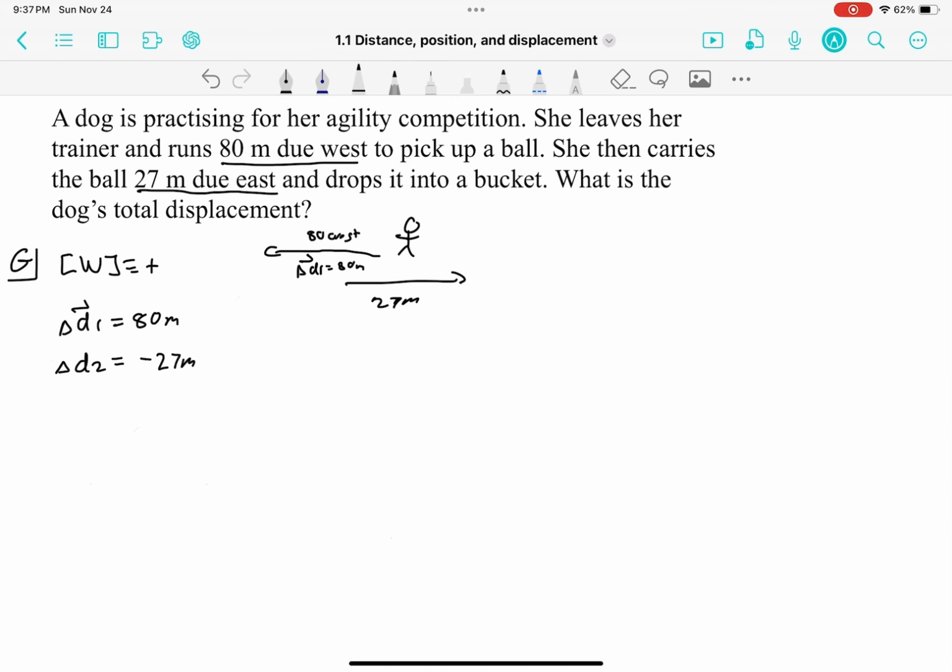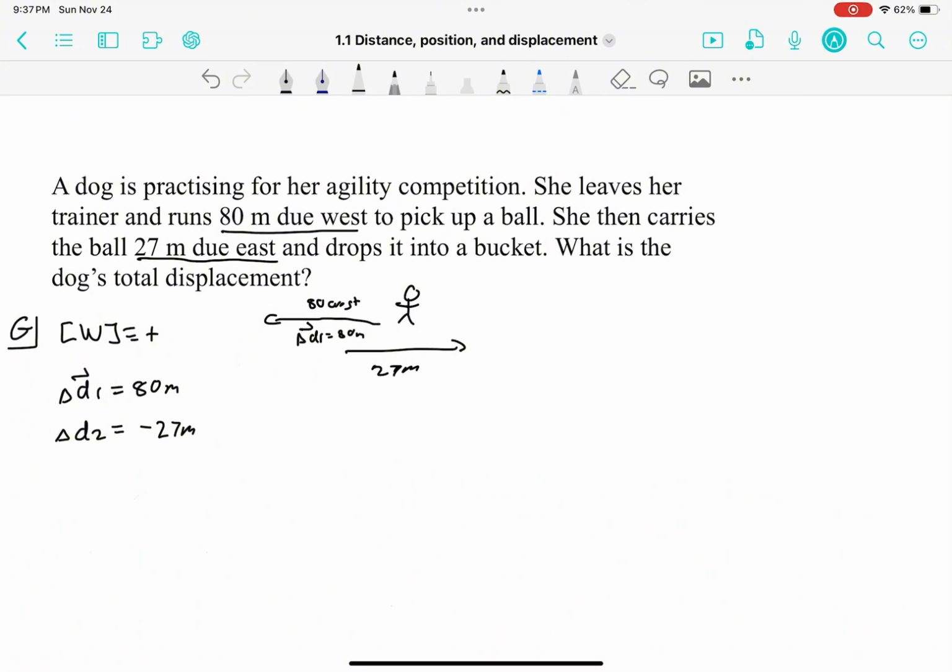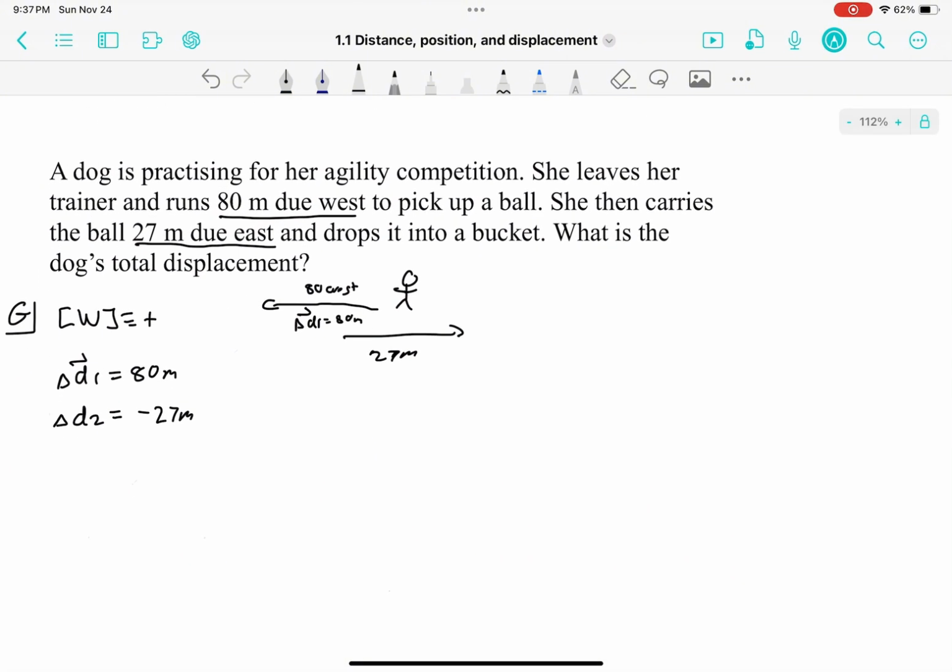Why do we set it negative? Because instead of writing that the dog went east, we can simply make that direction negative. Just like if you made east equal to positive, then that would mean west would equal negative. It doesn't matter which side you set as positive or negative, it's simply up to you.